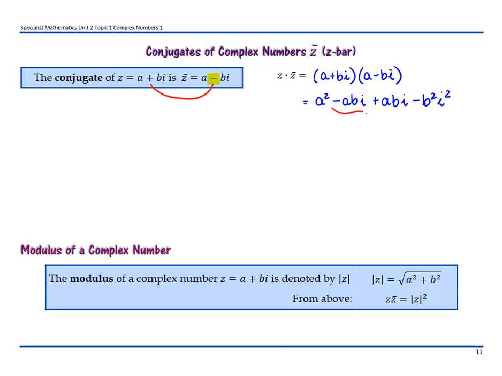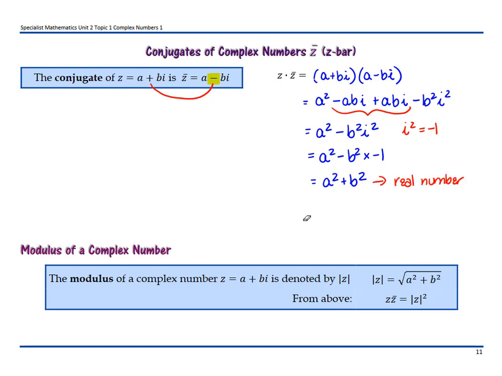You'll note that these terms in the middle cancel each other out, so we're left with a squared minus b squared i squared, but i squared equals -1. So therefore we have a squared minus b squared times -1, which is a squared plus b squared. So we're left with a real number.